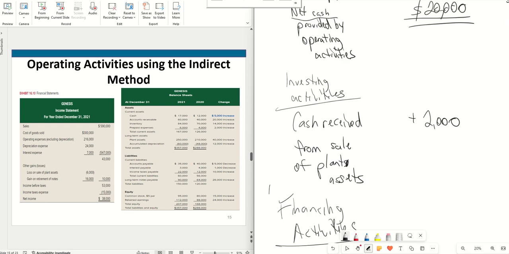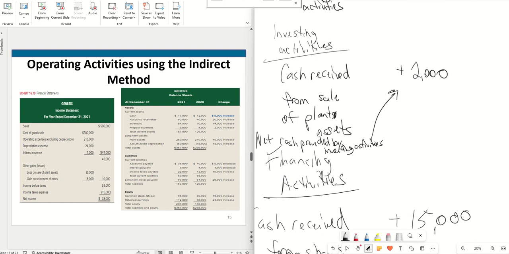So our net, I know this is a little messy, our net cash provided by investing activities is $2,000. So $20,000 plus $2,000, that's $22,000 in total.